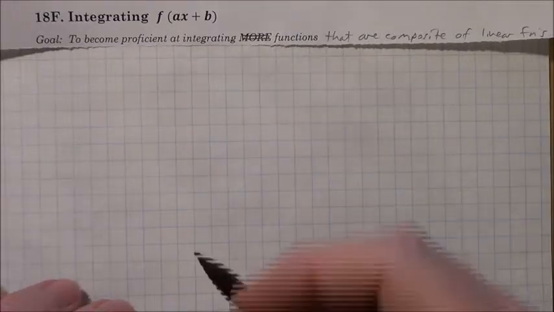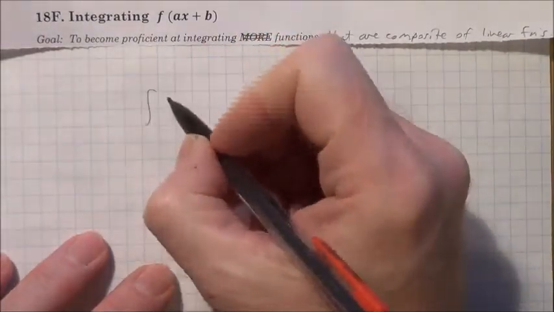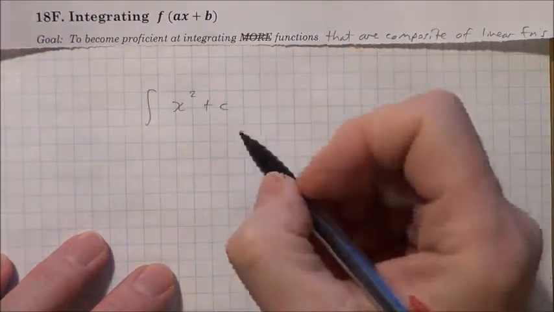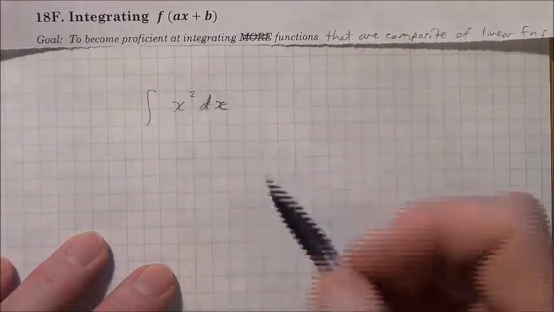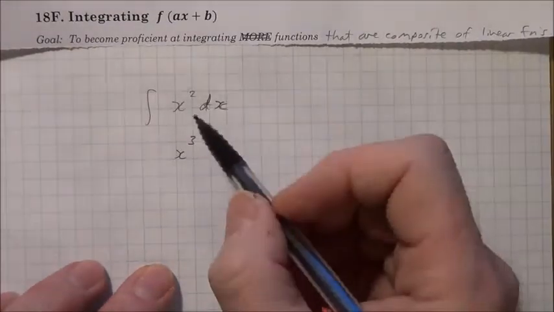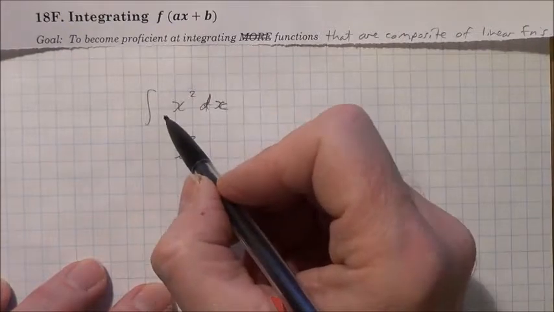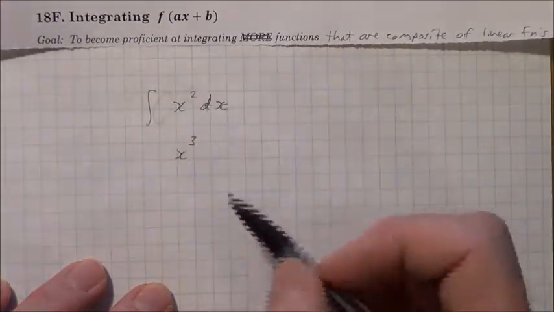So we've developed the fact that if we were to integrate something like x squared dx, we increase the exponent by 1, and we also have to notice that the coefficient of x squared in this case is 1.